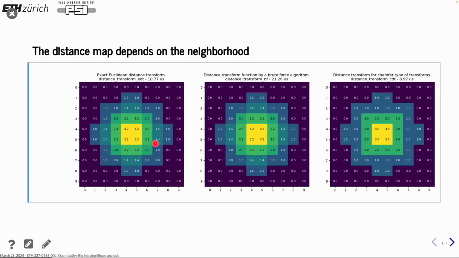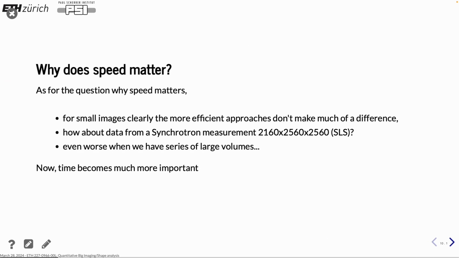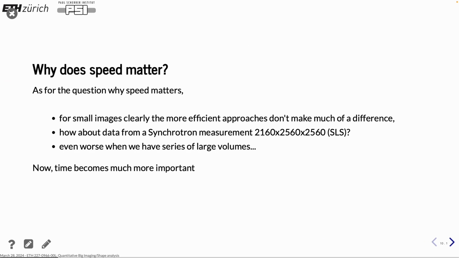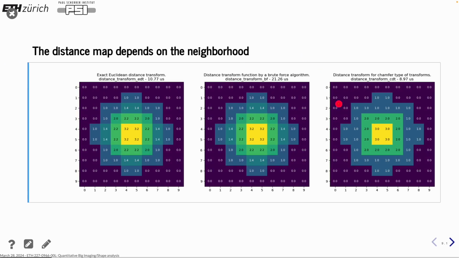So you have less variations compared to this and that one. And yeah, that was another thing. You could see here also that this one was a little bit less than 9 microseconds, so it's a little bit faster than the exact transform.